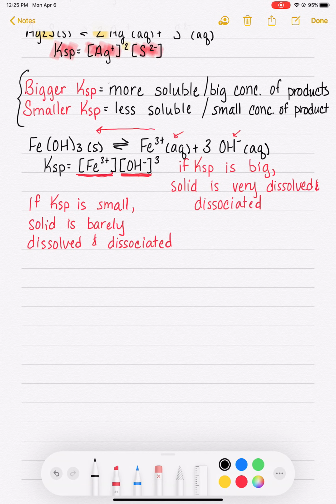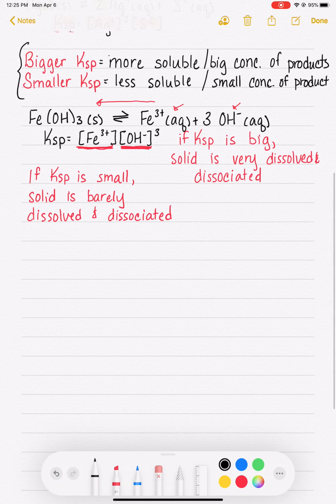So let's do another example, PbF2 solid in equilibrium with Pb2+ aqueous and 2 F- aqueous.